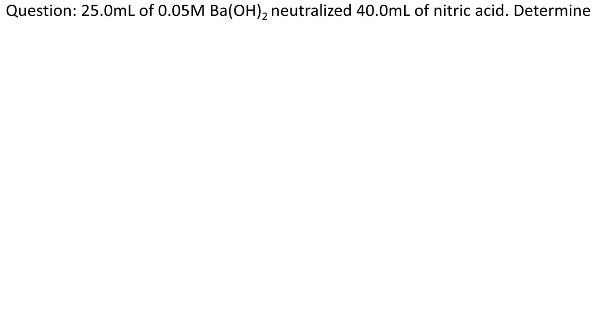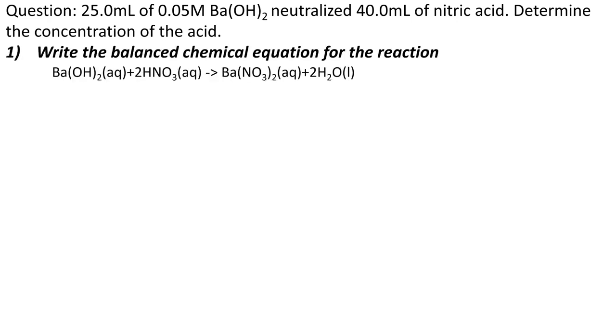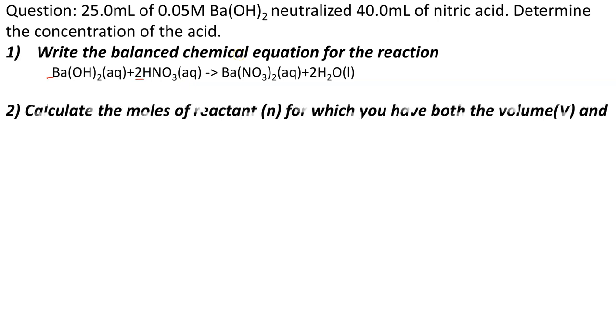Let's try it one more time just to make sure you understand it, and something a little harder too. You have 25 milliliters of barium hydroxide and it neutralized 40 milliliters of nitric acid. So you can determine the concentration. What's the first thing you need to do? Write a balanced equation. So here it's a 2-to-1 ratio. So you already know this question is going to be a little more interesting than the one before. Step 2, multiply the molarity times the volume of what they're giving you.